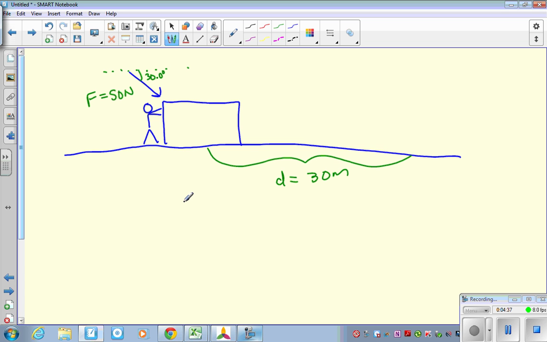We're pushing down into the ground. Well, the ground's going to push back. You guys know that from Newton's third law. And so part of our energy is being spent pushing against the ground. So hopefully intuitively, you guys know that by pushing like this, it actually takes a little more energy from you, but let's see what happens in terms of work being done.